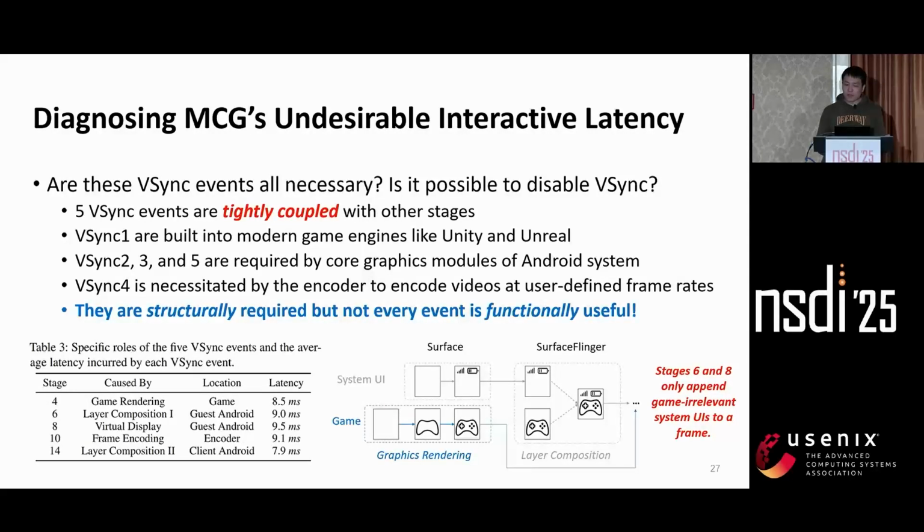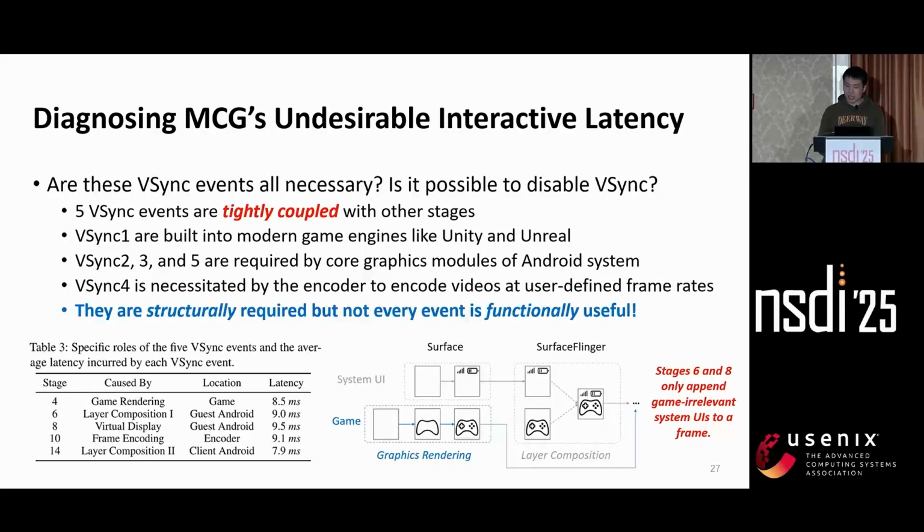Fortunately, while all the vsync events are structurally required and are hard to disable from the perspective of an MCG platform, not every vsync event is functionally useful. In the context of MCG, games are usually the only foreground apps besides system UIs, so layer composition and virtual display in the guest Android system only append game-irrelevant system UIs to a frame in almost all cases.